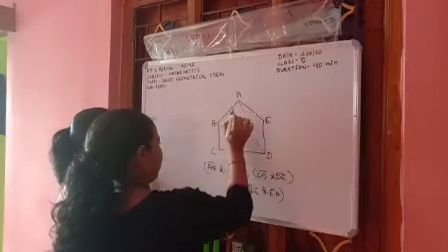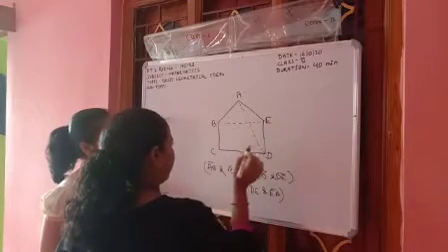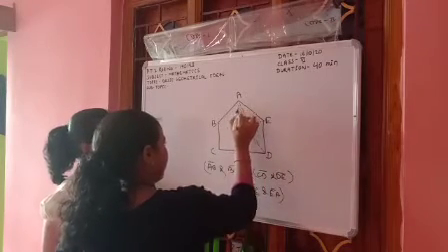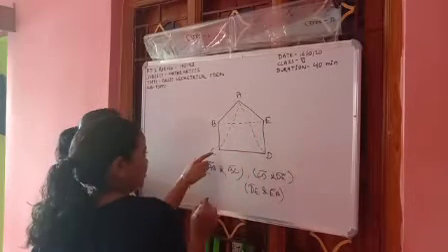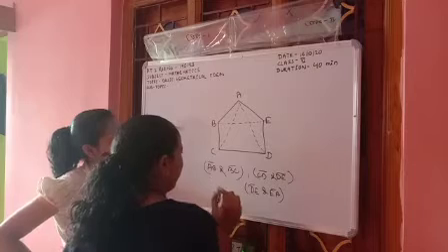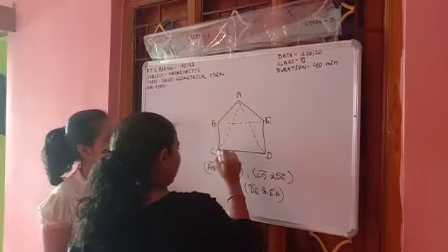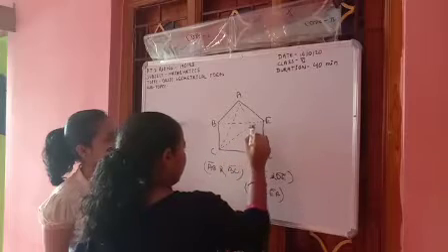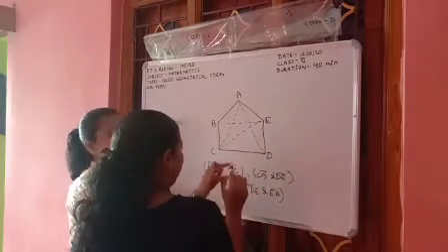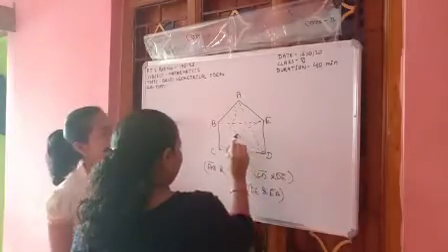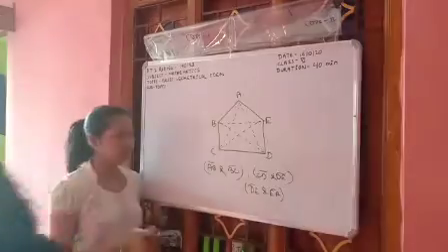From point B. Then point C also. Draw the diagonal from point C to E. BD. Yes, very good. Sit down.